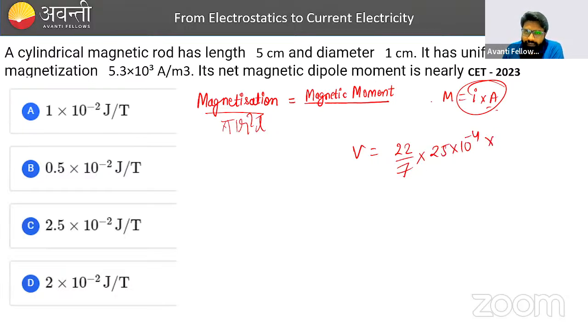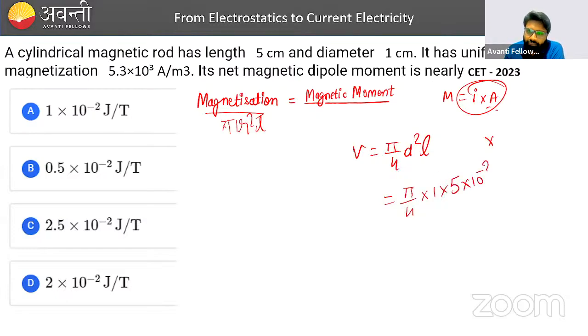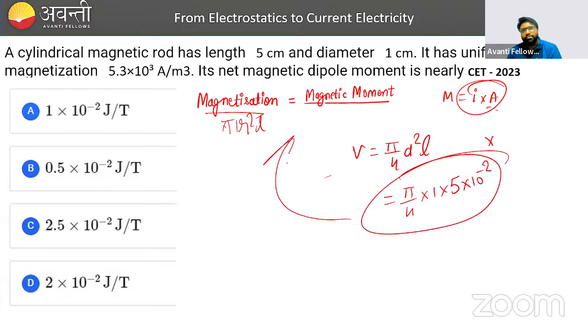Multiply by, but this is not the radius. Diameter is 1. So you can apply this formula, pi by 4 d square L, in terms of diameter only. d is 1, L is 5 centimeter, which is 5 into 10^-2. When you put it into this formula, you'll get the value as 2 into 10^-2 joule per Tesla. Clear है.